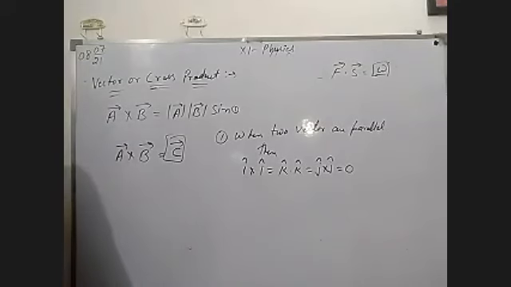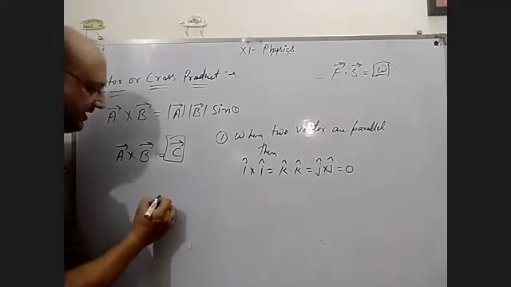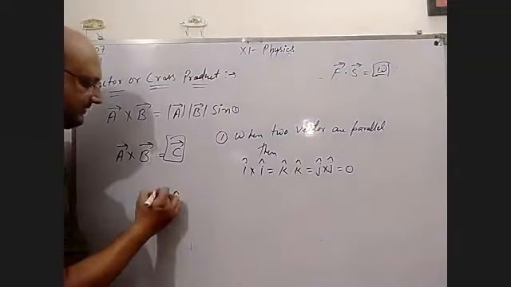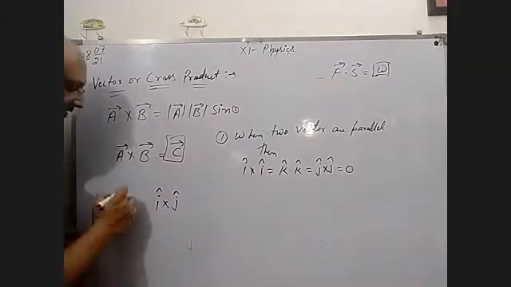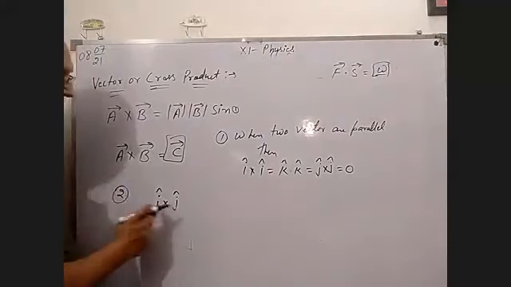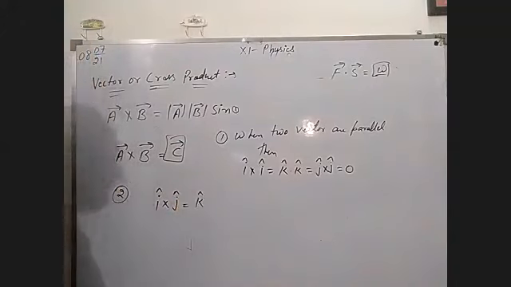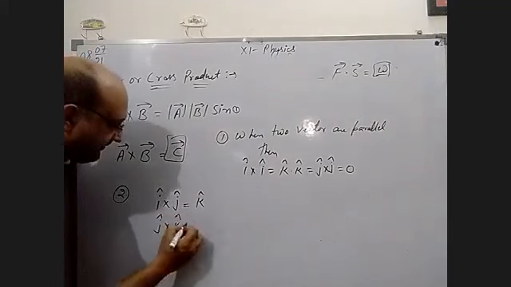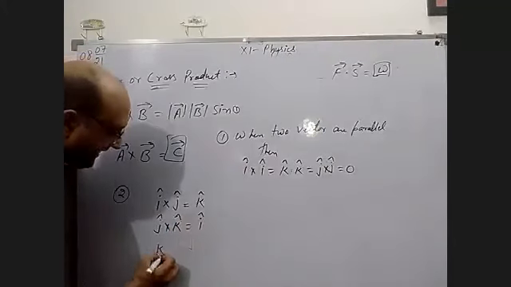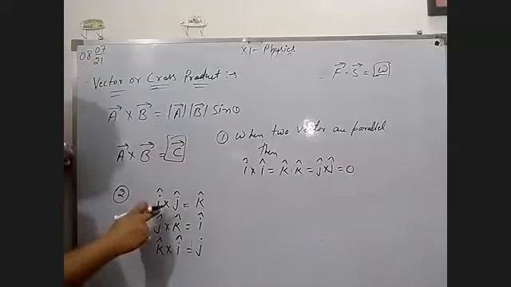Another thing is this: when two vectors are perpendicular, so I cross J, because I is on the x-axis and J on the y-axis. If you are taking I cross J, then you get the third vector in the direction of K. Similarly, J cross K gives I, K cross I gives J. But the reverse is not true.